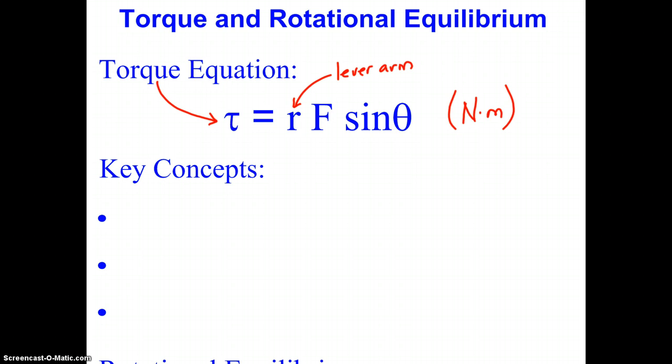The other thing we want to talk about is that you see it says tau equals RF sine theta, but being multiplication, the torque equation has a commutative property, meaning that the sine theta deals with finding a component of a force perpendicular to the lever arm as written here, but there are problems in which it's advantageous to find the component of a lever arm that is perpendicular to the force.